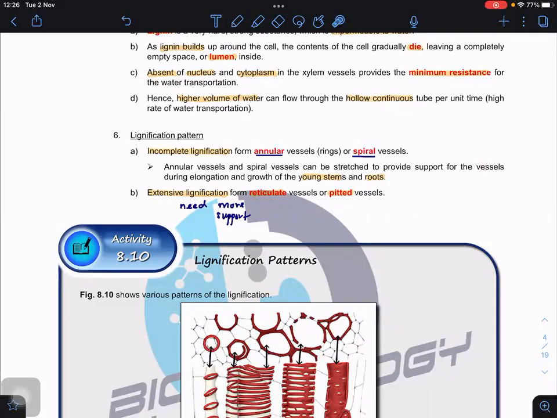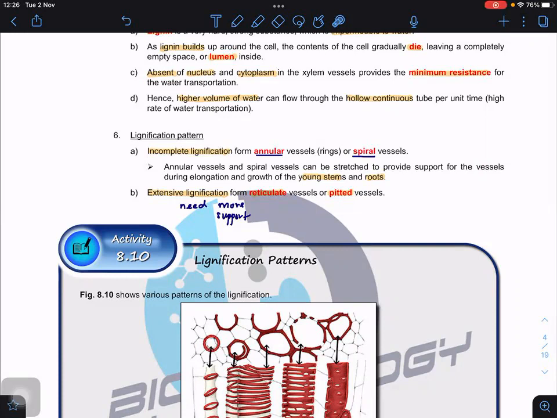Imagine that annular and spiral give flexibility for the vessel elements to elongate, to become longer cells and grow. Extensive means that the cells won't be able to grow because they are extensively deposited with this strong material called lignin.